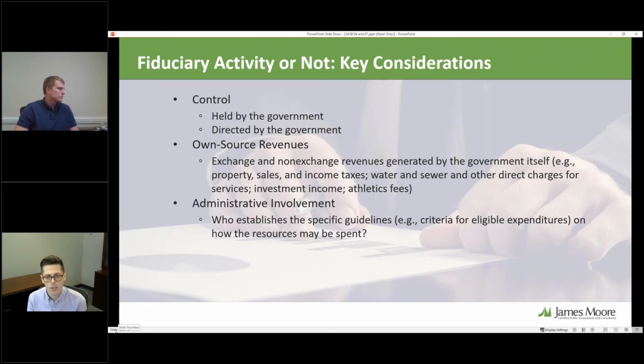It's either set by statute or through a gift agreement or something along those lines. And so that pretty much removes you from that administrative involvement, where if you did have the administrative involvement, that's a different consideration, and you'll see in an upcoming flow chart where that can direct you in another path as far as how to move forward.